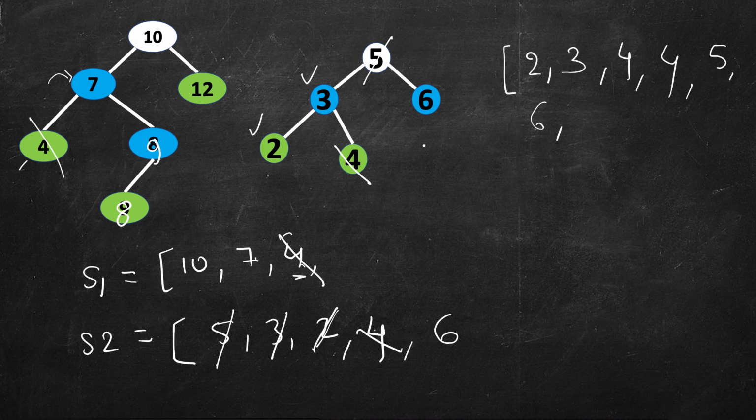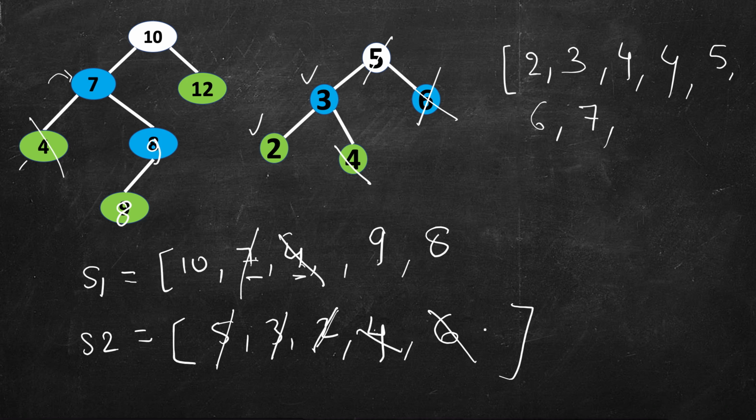So 6 is printed and we pop it. Its right is null, its left is null. This is done. Then we have 7 here. So we pop 7 and push its right. 7 is here, its right is 9. And keep going left. That is push 8 also. Now we will stop. Now we will compare against this, but this is already empty.